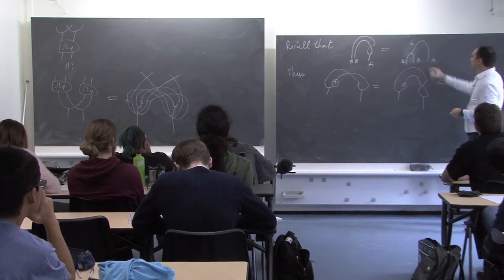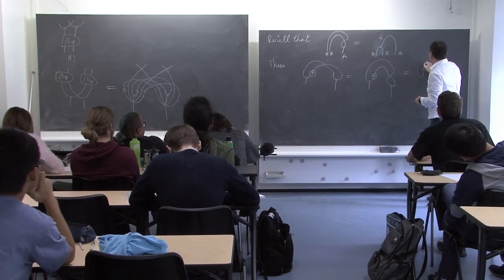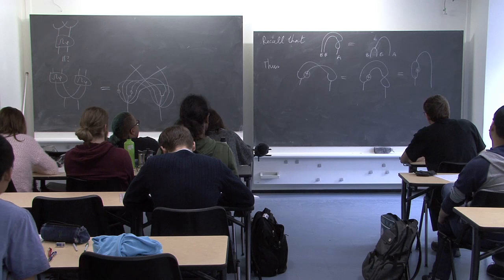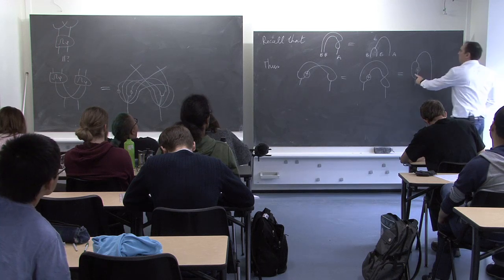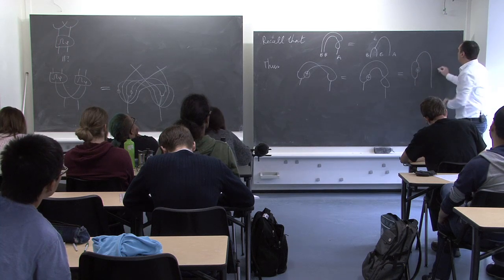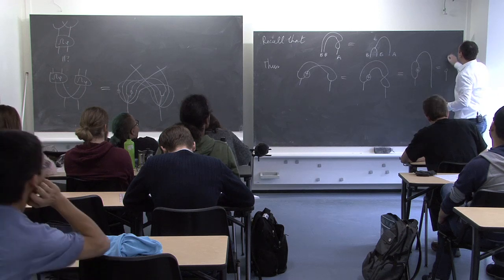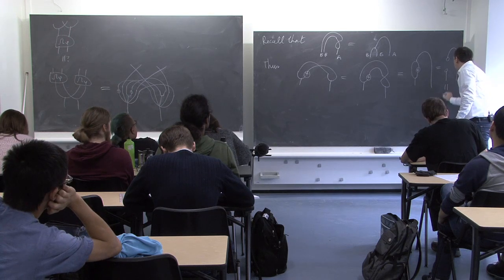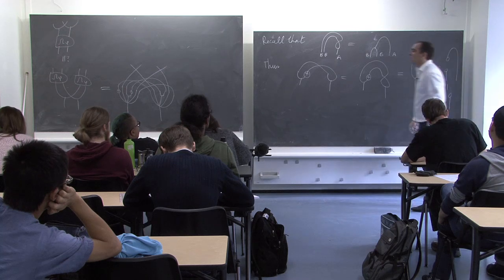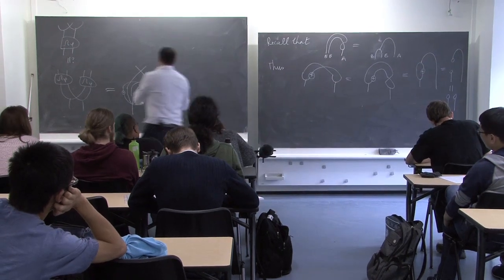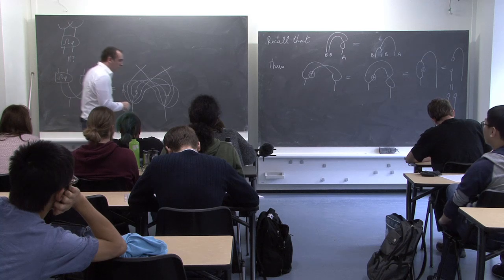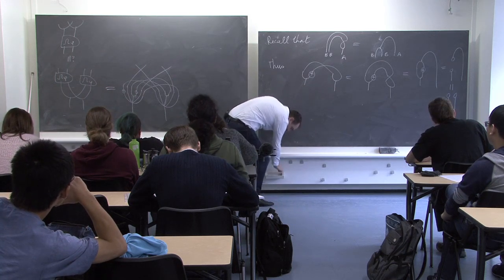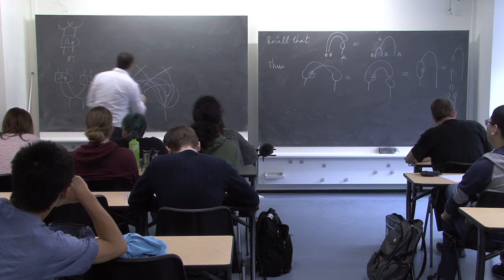So it is this one. And now if I use the axiom of the antipode, this is equal to this, which is indeed equal to this. So this part here, I can write maybe in blue or in green. I can remove.